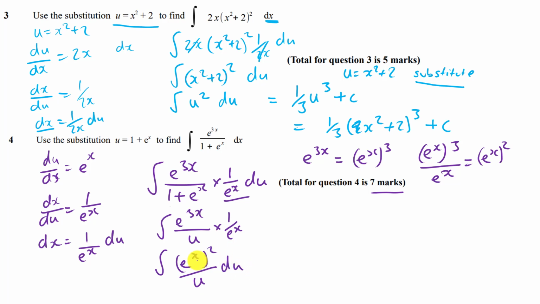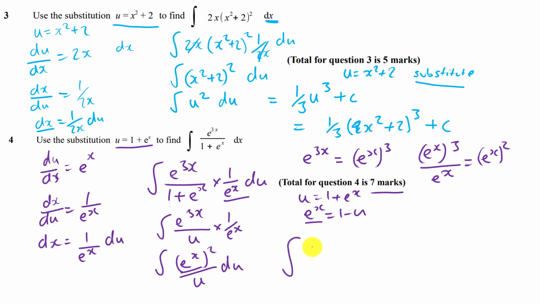Now, we've got this e to the x, and we need to write it in terms of u. If we rearrange u equals 1 plus e to the x, then e to the x equals u minus 1. Can we see that? Yeah. Okay, so now we can substitute that into here.